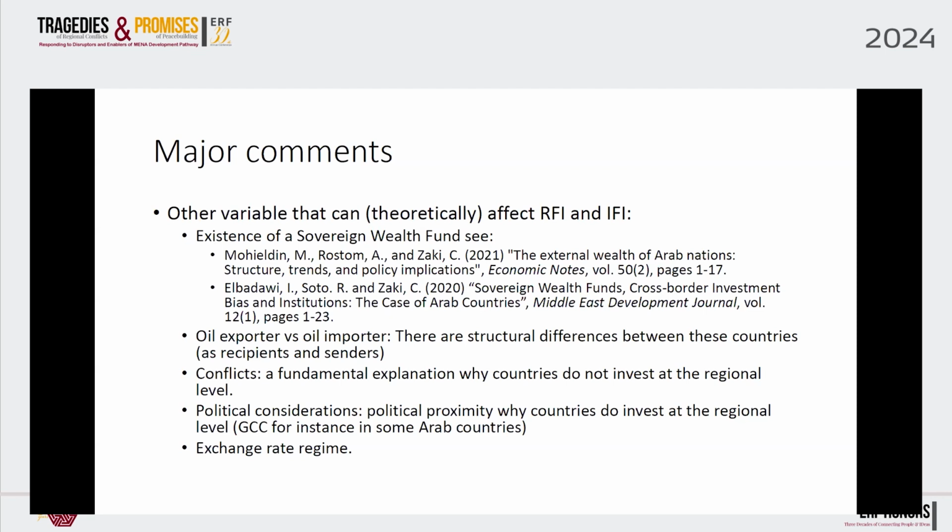And finally, perhaps related to the recent developments that we're observing in the region, the political consideration, because now a lot of countries invest in other countries just out of political considerations, not out of economic reasons. Most of the Gulf countries, when they invest, and I'm just taking the example of Egypt because I come from Egypt, invest in Egypt for political reasons, not economic reasons, despite the fact that the Egyptian economy is not so far attractive and nothing has changed so far.